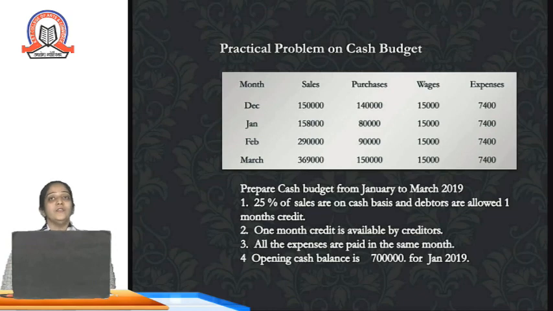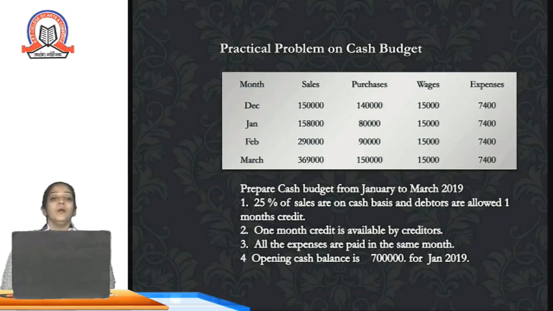Now, further adjustments are given here. Number 1, 25% of the sales are on cash basis and debtors are allowed 1 month credit. As I read this adjustment, I came to know that it is related to the sales.